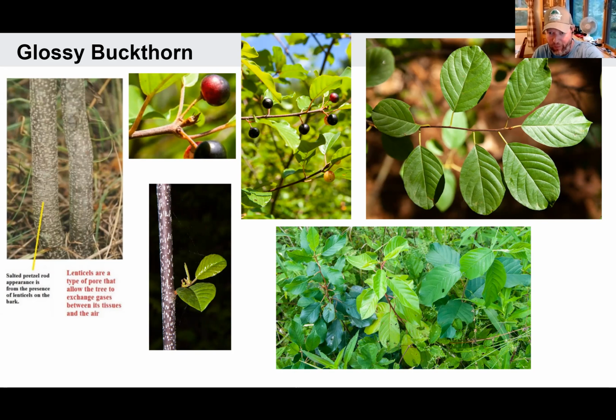They're not opposite of each other. They're alternate. And the picture below is just a reminder that they don't always come in exactly the same shade of green. So you can have glossy buckthorn that's quite a few different shades of green. Next slide.